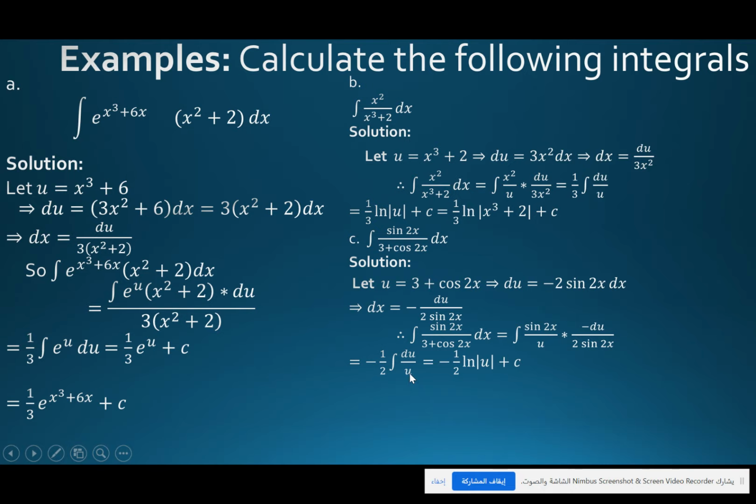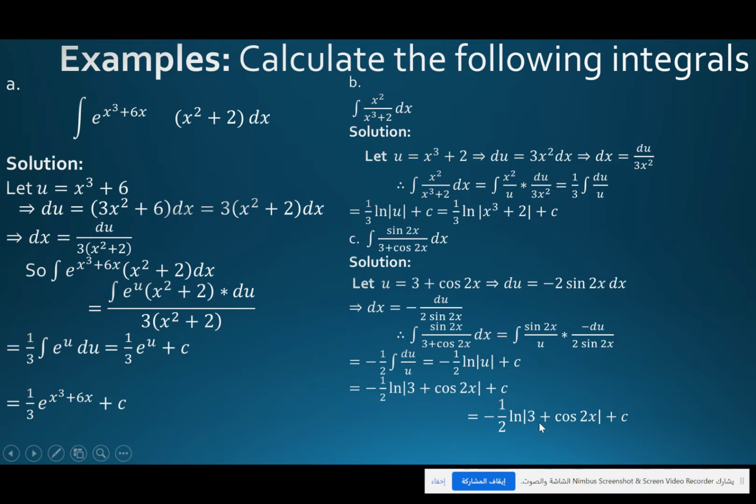Like we did before, this is related to ln: ln the denominator, if the numerator is the derivative of the denominator. Don't forget to write the absolute value because ln doesn't accept negatives, plus c. You can arrange your work by returning u to what it was in terms of x, which is ln of 3 plus cosine 2x, plus c because it is an indefinite integral.